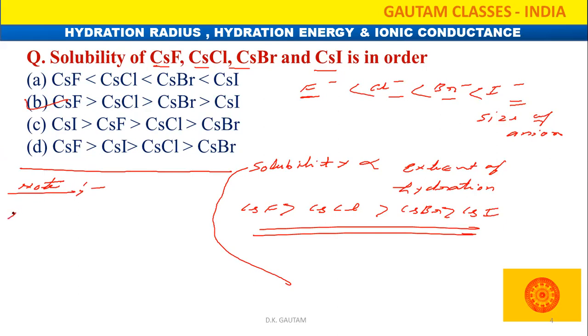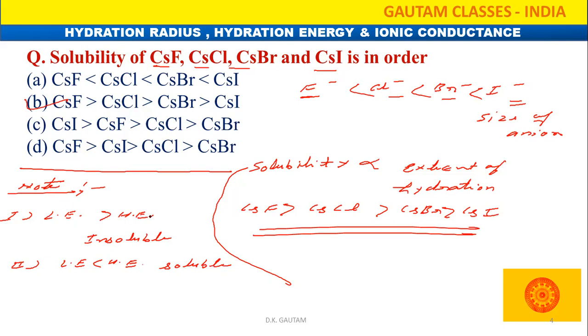So condition one: if lattice energy is greater than the hydration energy, the ionic compound will be insoluble. Second, if lattice energy is less than the hydration energy, then it will be soluble.